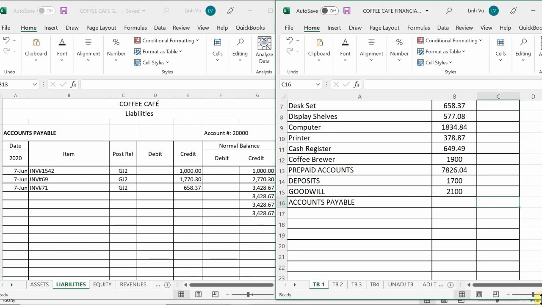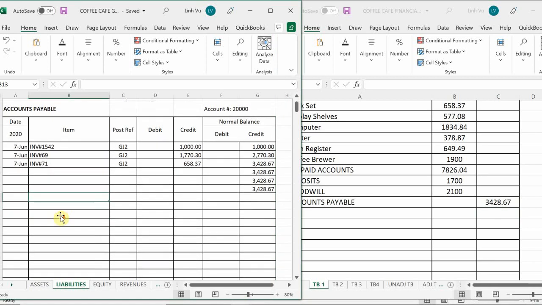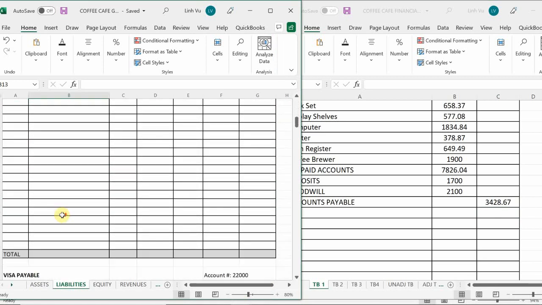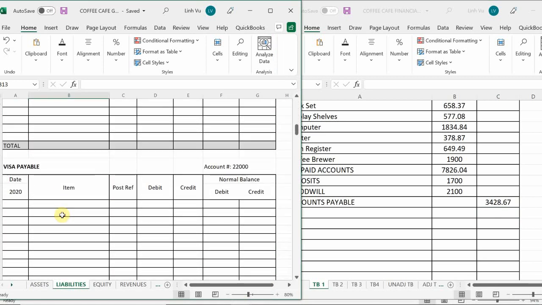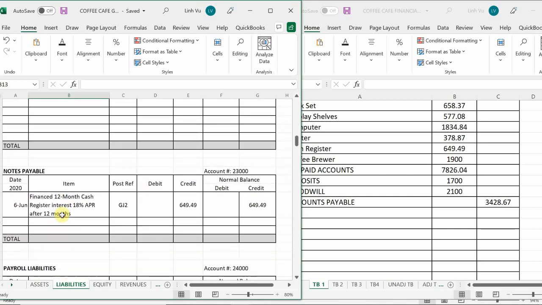My current credit balance under my accounts payable account is $3,428.67. Right? That's how much I owe so far. Okay. Right? We haven't charged our credit card yet. We haven't received it yet.